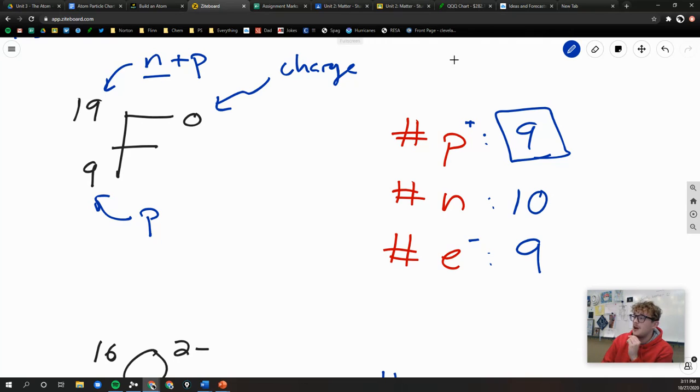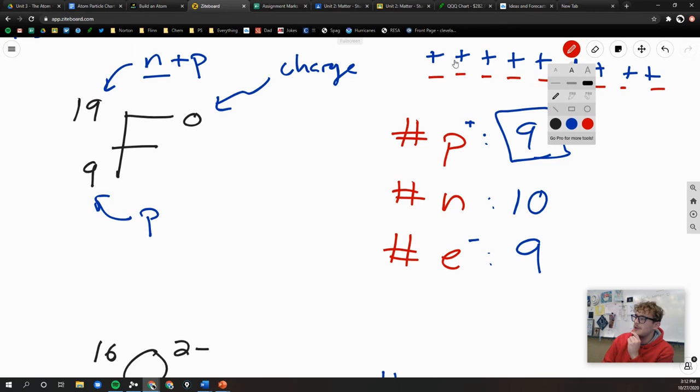Okay. Another way to write that is if I drew all my protons, so I got 9 total. Oops. 1, 2, 3, 4, 5, 6, 7, 8, 9. I would need to add 9 electrons for them to all be canceled. So I've got my 9 protons up top and my 9 electrons on the bottom, and they all cancel out.